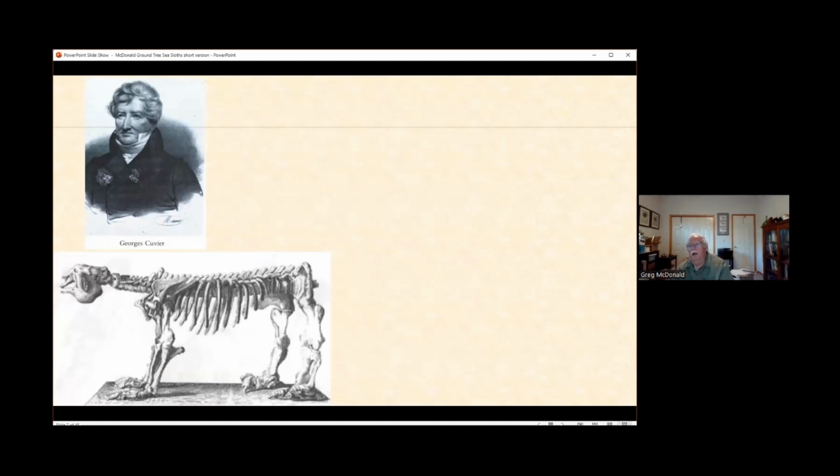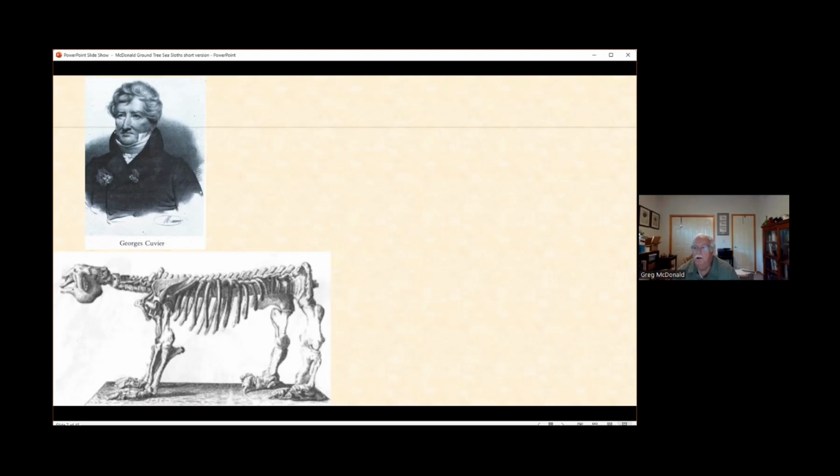If we're going to talk about fossil sloths, we have to go back to the father of comparative anatomy and vertebrate paleontology, Cuvier, since he is the one that described the first fossil sloth, and he's the one that coined the name Megatherium americanum. Here's an early illustration. Cuvier has the dubious distinction that he recognized this new fossil sloth without ever seeing the original bones or skeleton.